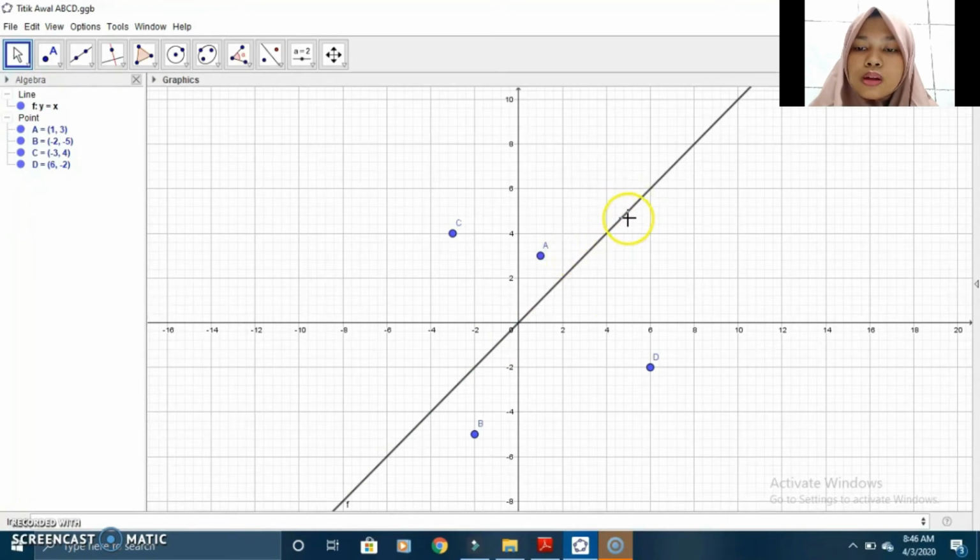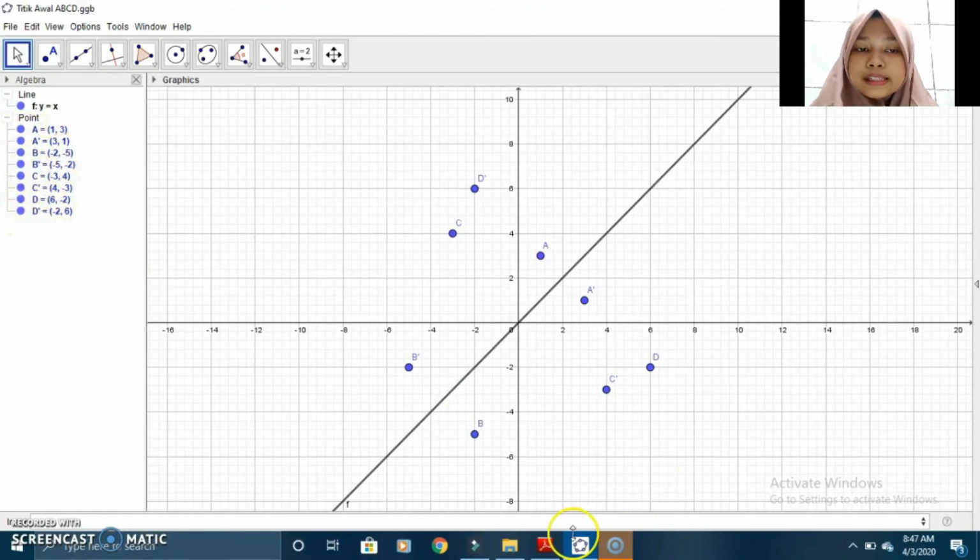After we have the line y equals x and each point, we reflect each point with respect to the line y equals x by clicking reflect about line, then clicking each point and the line: A and this line, B and this line, C, and also D. Then we have A', B', C', and D', with coordinates of A' is (3,1), B' is (minus 5,2), C' is (4,3), D' is (minus 2,6).